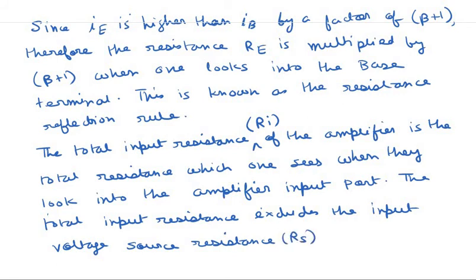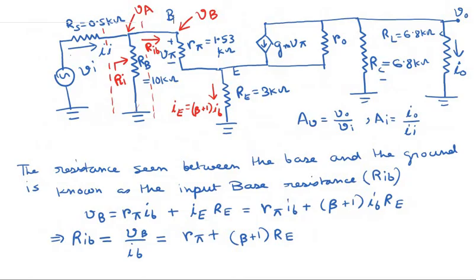So from this figure, Ri is basically the parallel combination of Rb, which is this resistor over here, and Rib. So Ri is the parallel combination of Rb and Rib. Okay. So Ri, let me write it here.